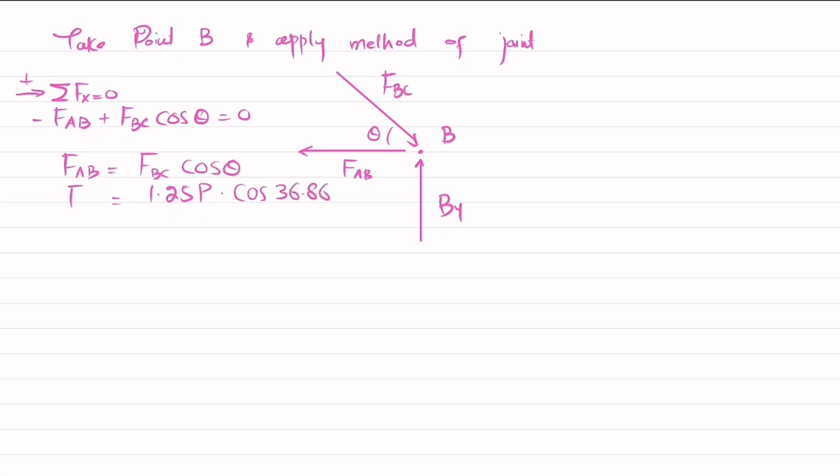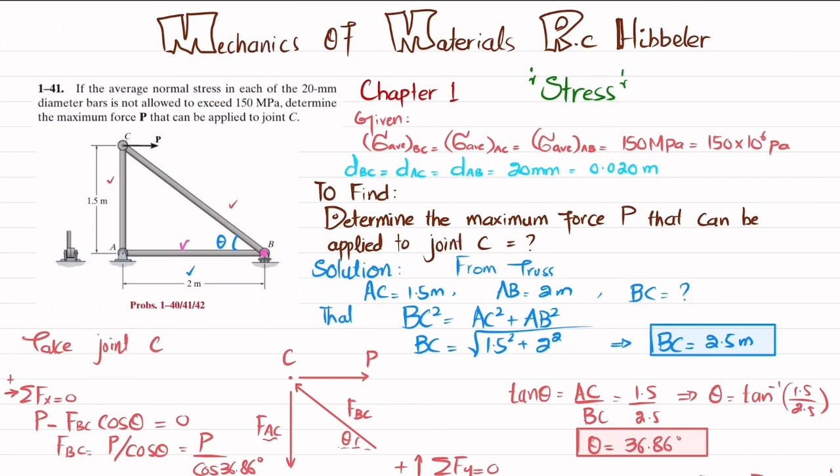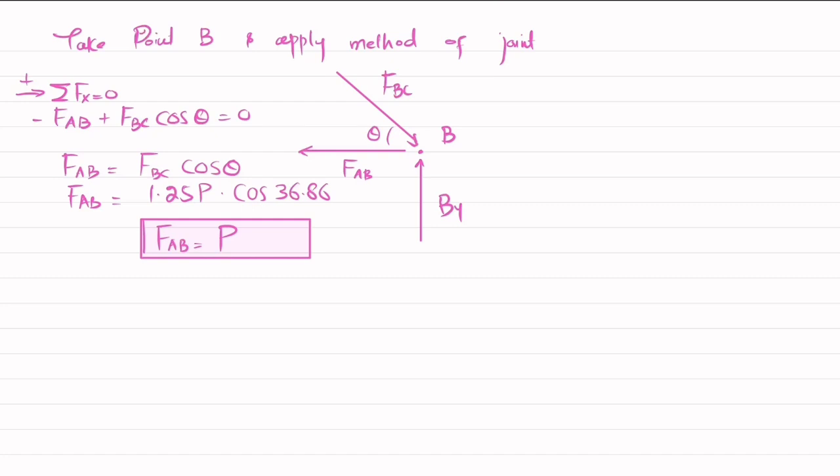When you calculate it, you will get FAB is equal to P. And again you can see that this load on joint B is like this. As a result, the stress in member AB is in tension. Okay, so I will write this as tension T.